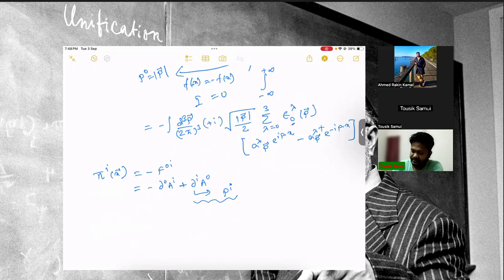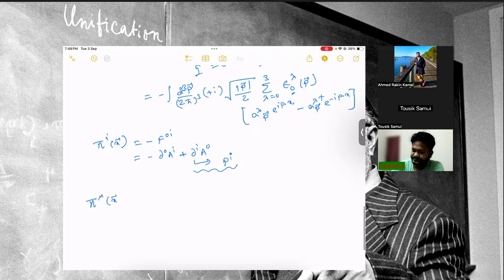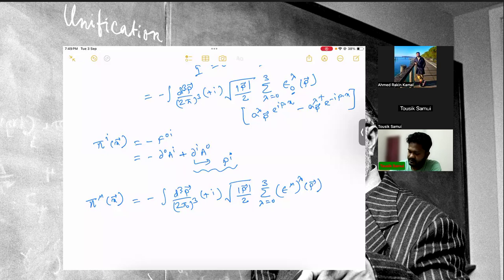So if we write the whole thing down in terms of mu, it will be nothing but minus d cubed p, i, and then we'll have mod of p over 2, and the summation from 0 to 3, and the expression finally boils down to epsilon mu lambda p, and then we'll have the lambda annihilation operator e to the i p dot x.